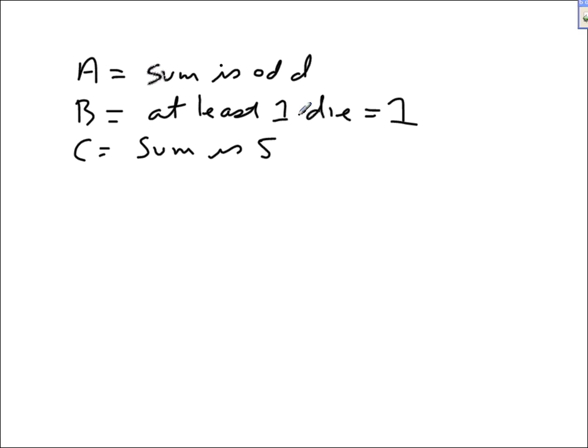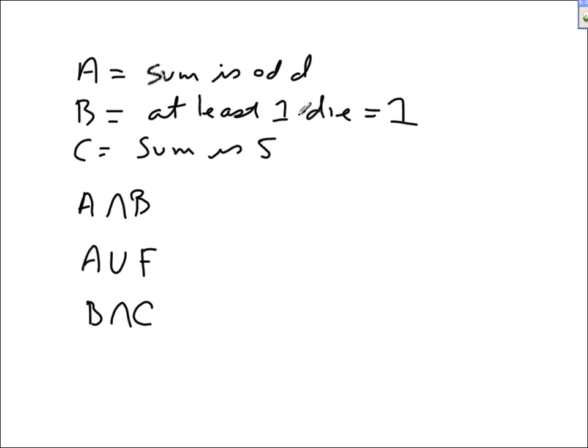Well, describe the following. What would A intersect B equal? What would A union B be? How would you describe that? How would you describe B intersect C?